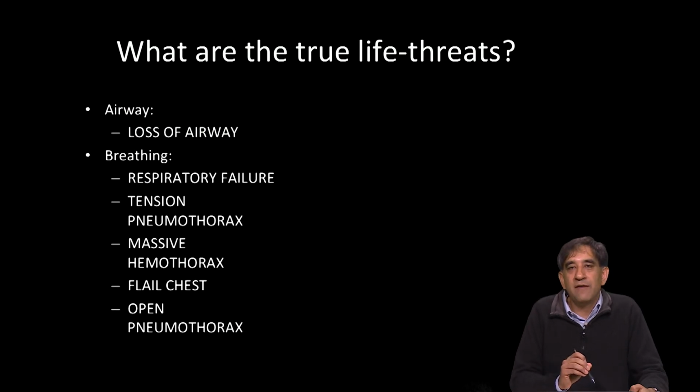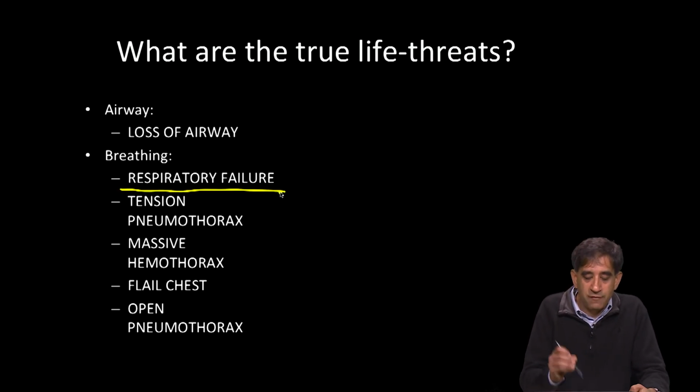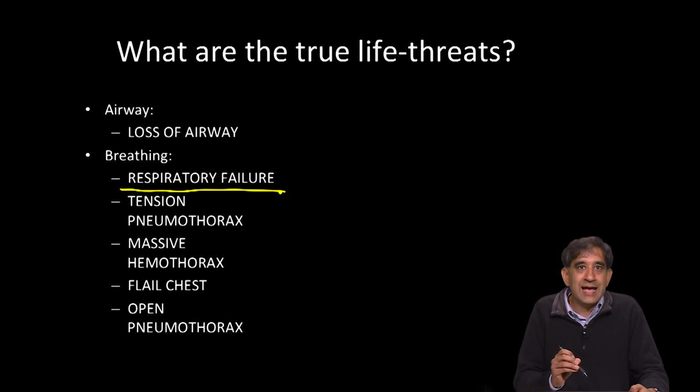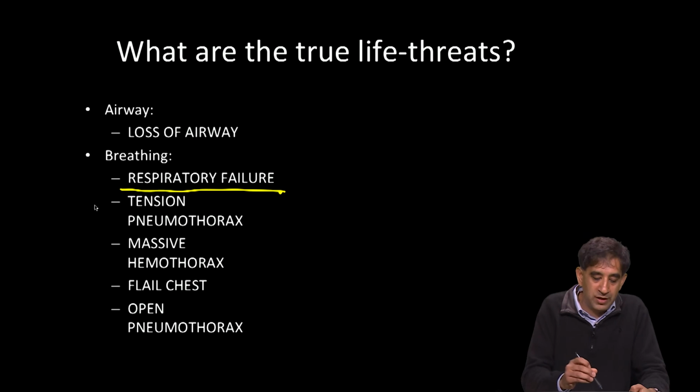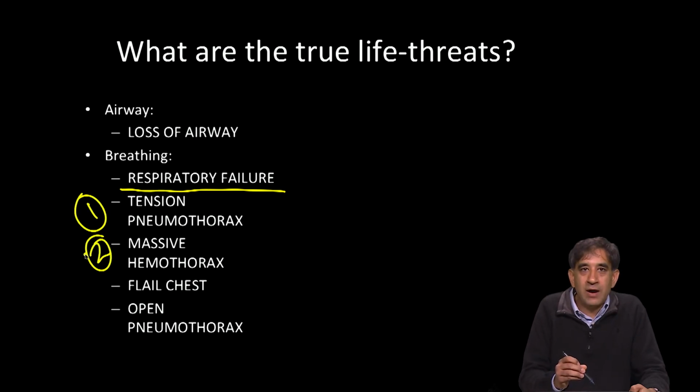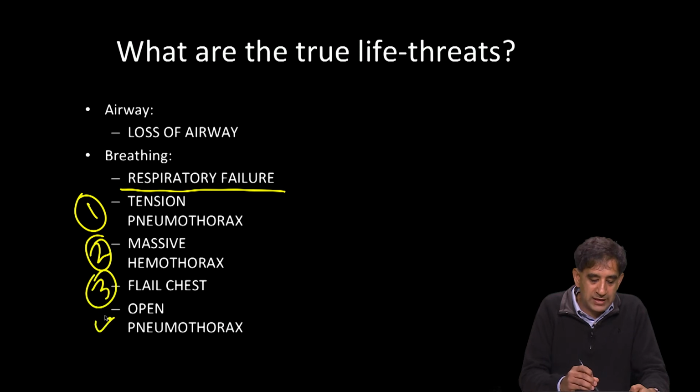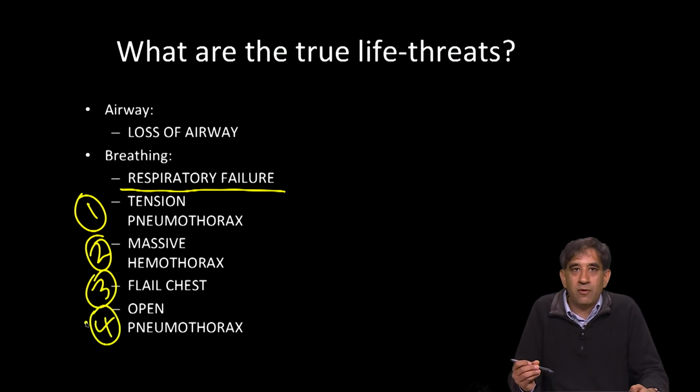And what are these life-threatening injuries that we want to identify and treat? Clearly, loss of airway, respiratory failure, and then those 4 disease entities that can cause difficulties with breathing: tension pneumothorax, massive hemothorax, flail chest, and open pneumothorax.